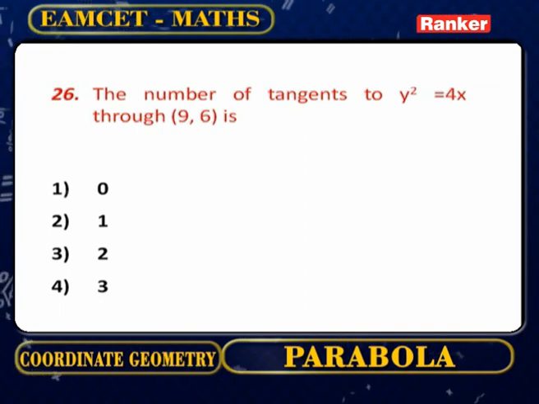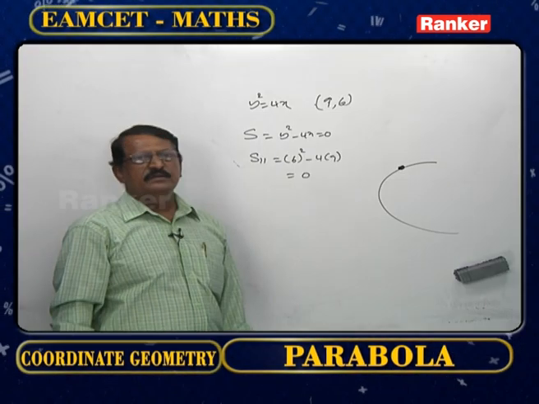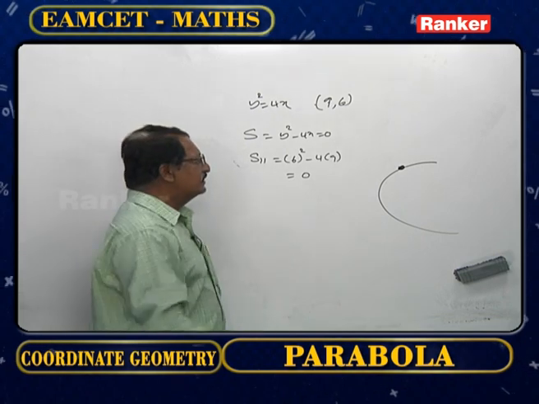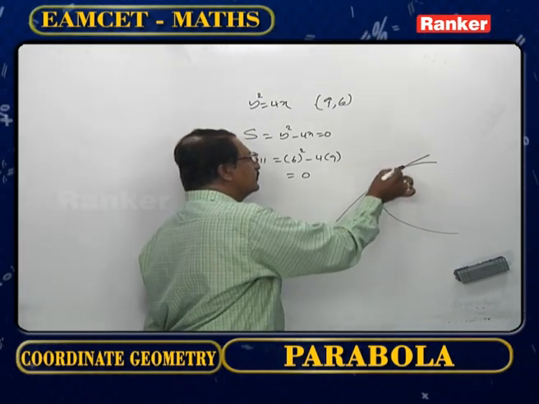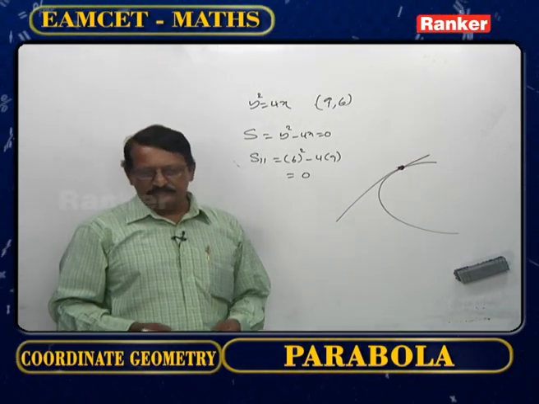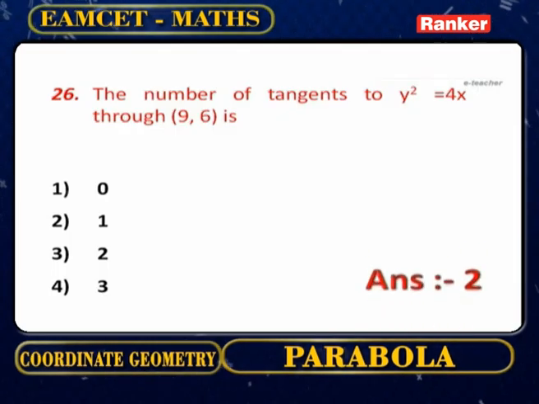Therefore the given point lies on the parabola. At a point on the parabola we get only one tangent. Now the number of tangents equals 1. Second option.